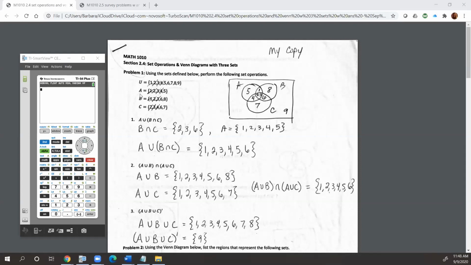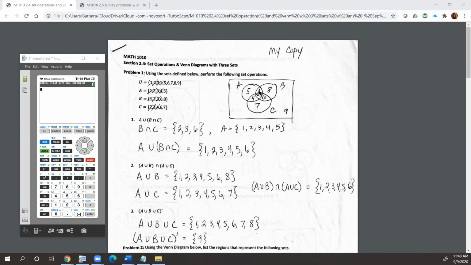The numbers that are common in all these three sets, including the universal, are the numbers 2 and 3. And you can see where I started crossing off numbers as I fill in my diagram. So 2 and 3 go in the middle, and then what's left that's in common with both A and B, other than 2 and 3, is the number 1.